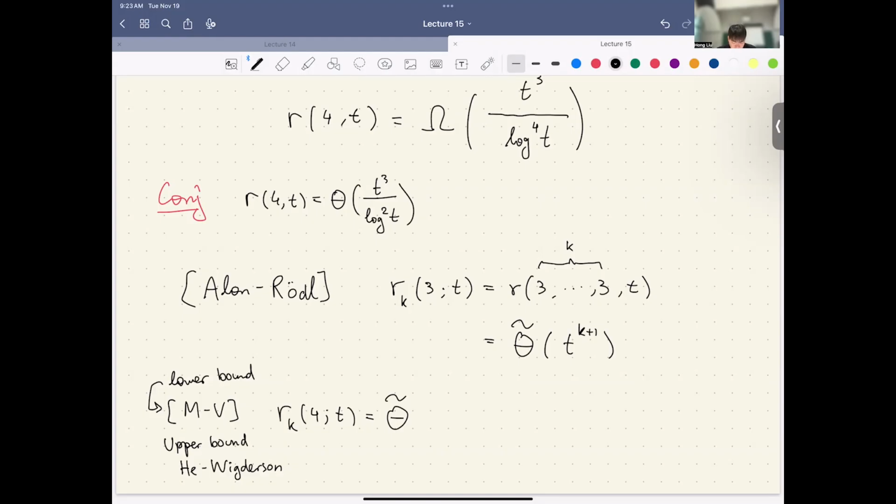So here it's big theta of t to the 2k plus 1, I think. Yes. So when k equals 1 it is t cubed. And whenever you add a color, you grow by a t squared. Yes.